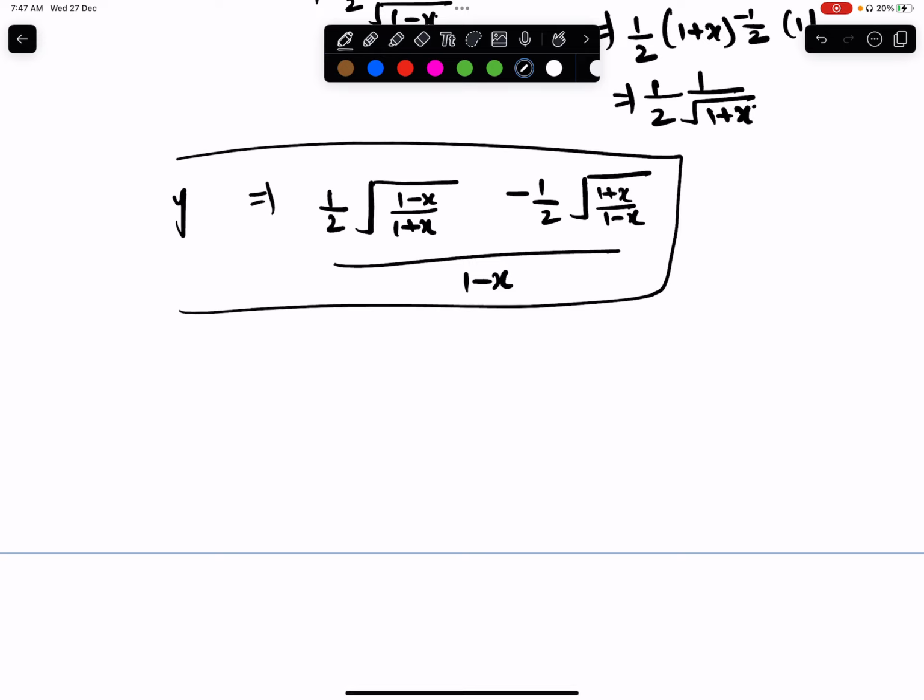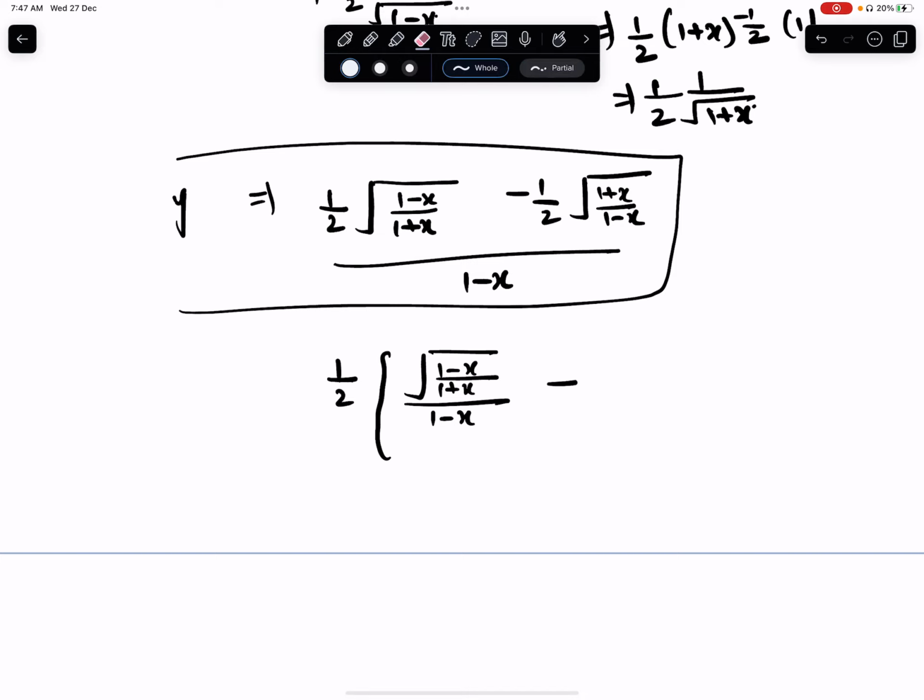or we can solve this as 1 by 2 taking common, under root 1 plus x, 1 minus x, 1 minus x by 1 plus x divided by 1 minus x, minus 1 by minus 1 plus x by 1 minus x divided by 1 minus x.